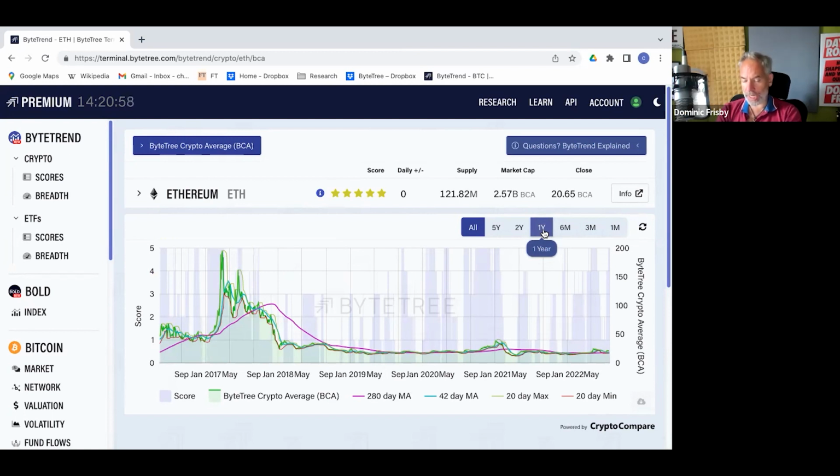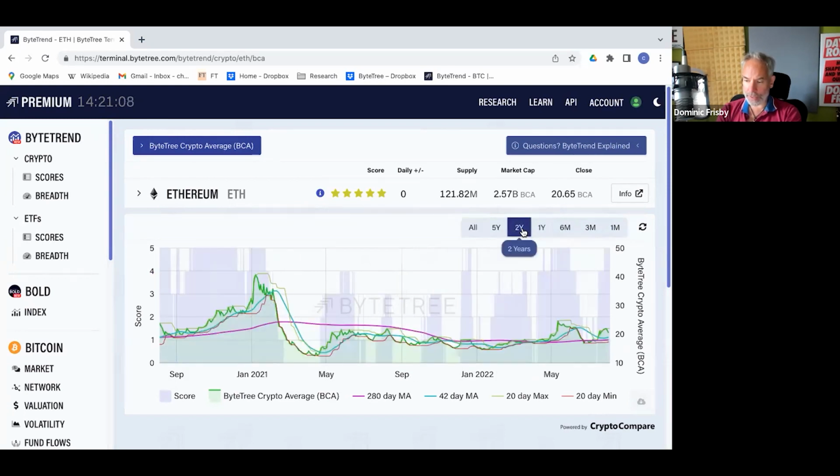Then from maybe mid 2019 to now, the purple line is pretty flat. When long-term moving averages are flat and all the moving averages coil, that's when you get really big moves. So that makes me quite bullish about Ethereum, I've got to say, Charlie.